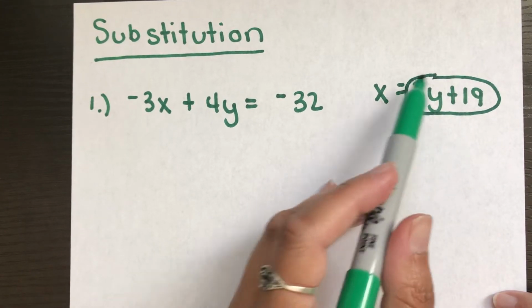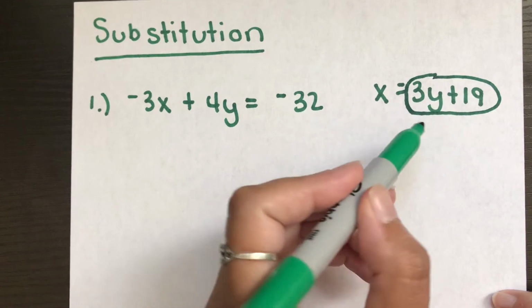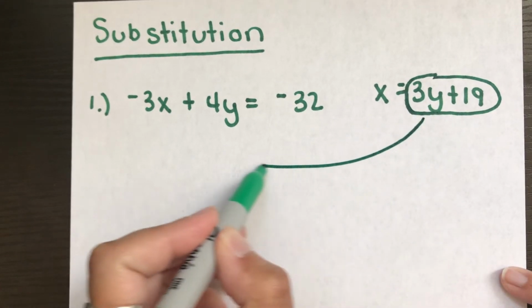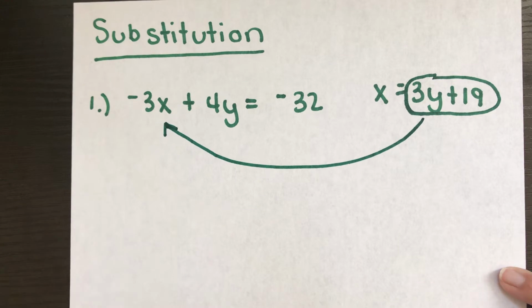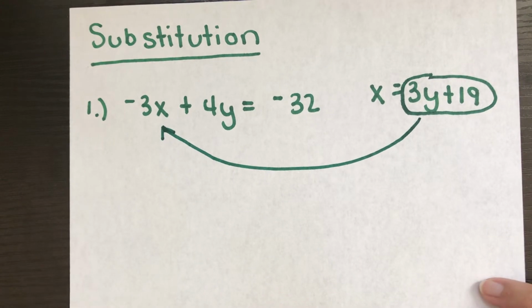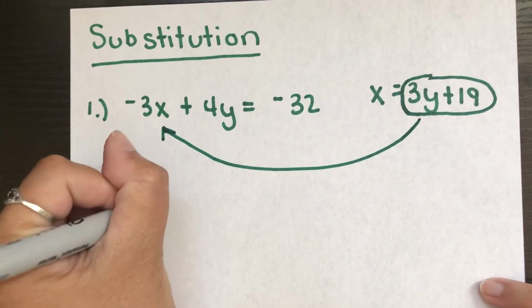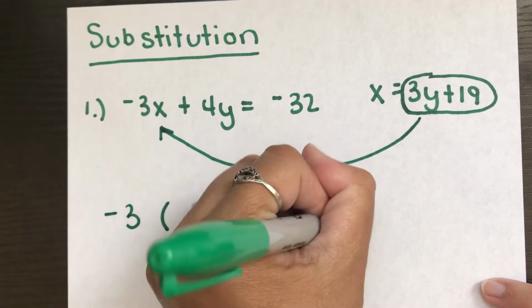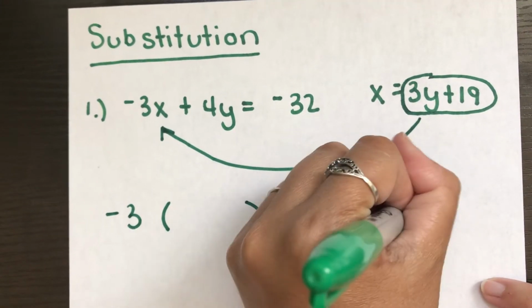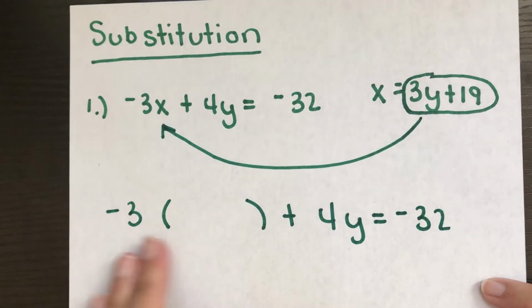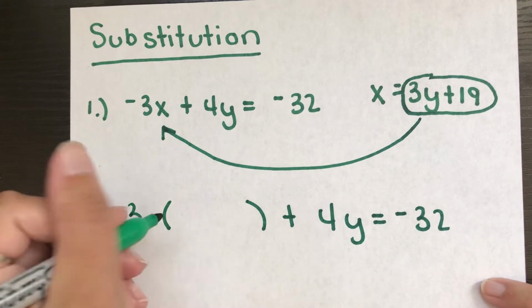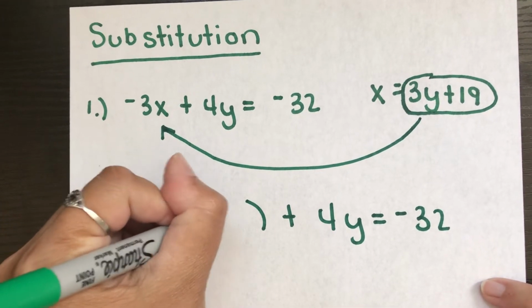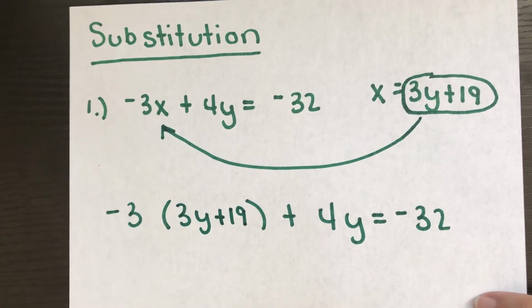What you can do is, I always circle it, and I draw an arrow to the other equation where the x is, next to the -3. And I am going to substitute or replace, instead of writing -3x, I know that x equals 3y plus 19, and I'm able to replace it.